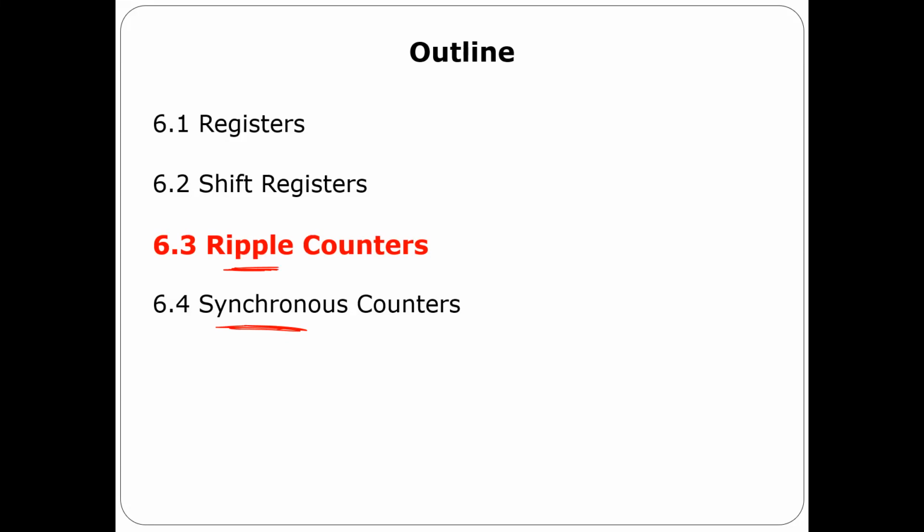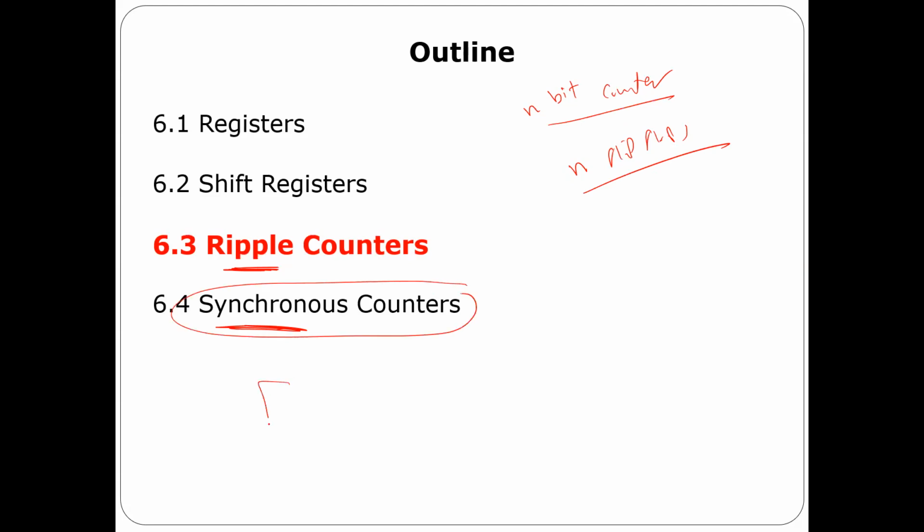Number one, you should understand, guys, that if you want to make an n-bit counter, you need n flip-flops. Make it easy, n flip-flops. In the case of synchronous counters, the clocks of the n flip-flops are connected together, so they are all triggered by the same clock.